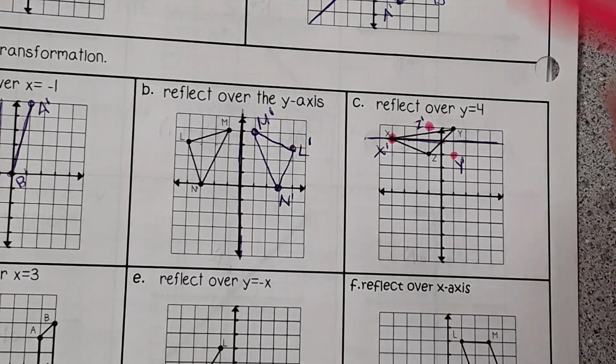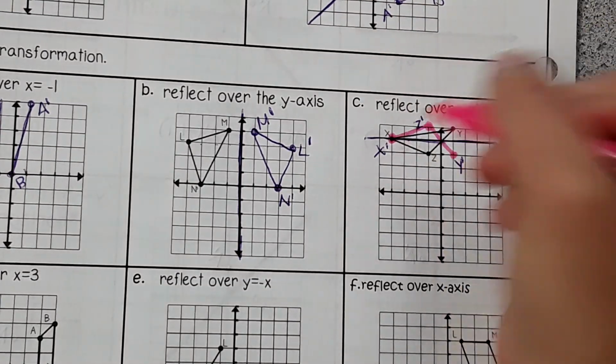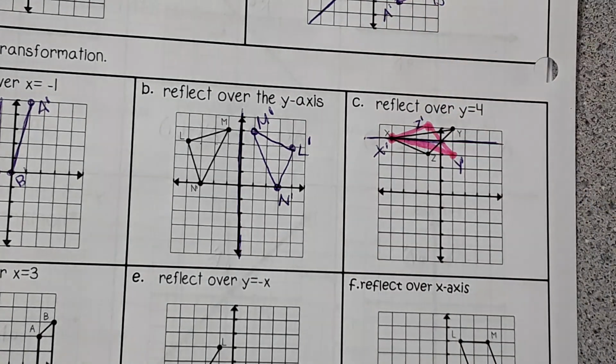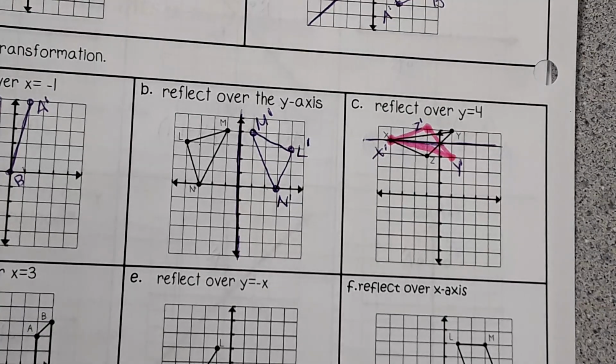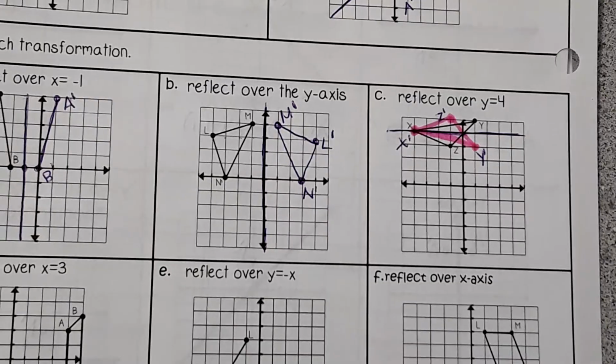And then you can connect the dots. So if you just look at it one point at a time, then you can do it. Then it gets easy again with D.